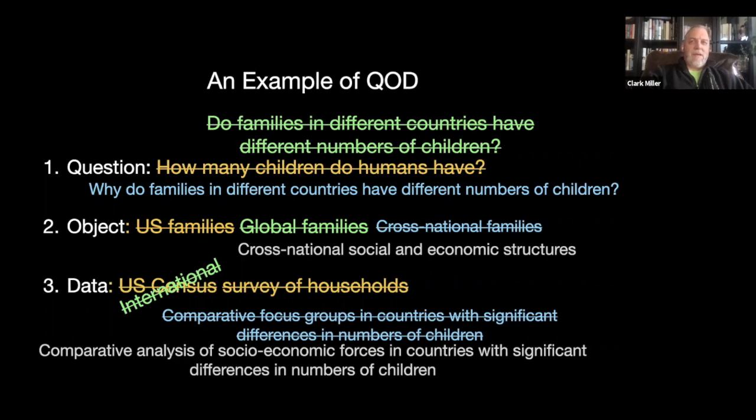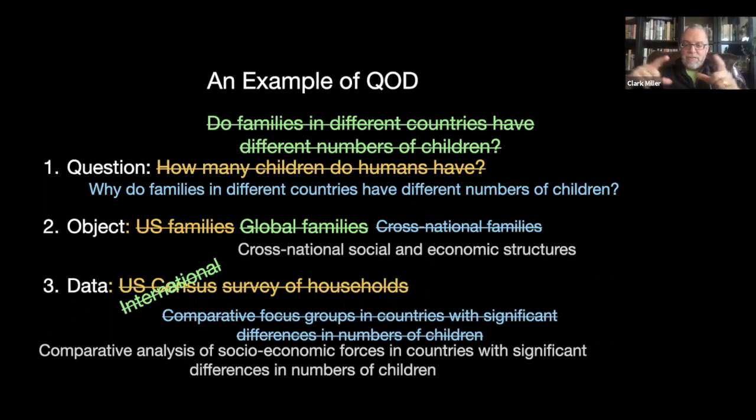And those aren't things that necessarily would come up in a conversation, but we could see them if we looked at structural factors in the society and the economy that might influence childbearing. And we did a comparative analysis of those different socioeconomic forces across countries. We looked at income, we looked at health in countries, and we correlated those with the number of children in families, right?